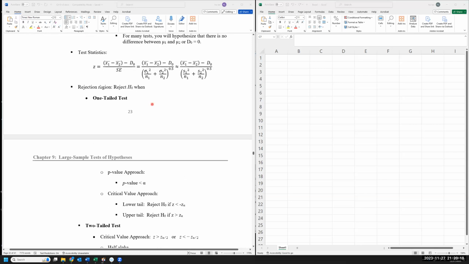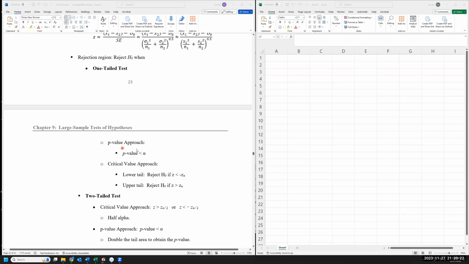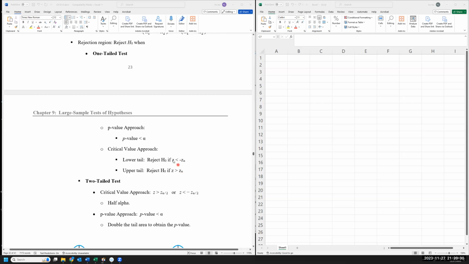And then the rejection, the testing. We will reject H naught in a one-tail test if, with the p-value approach, the p-value is less than alpha. With the critical value approach, the z, which is going to be a negative number, has to be less than negative z of alpha. If it's an upper tail or right tail test, we reject H naught if z is greater than z of alpha.